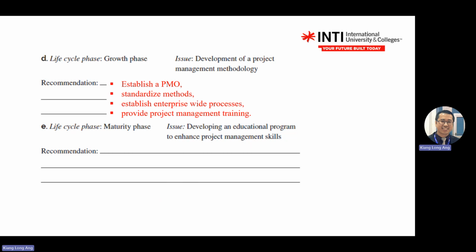This one also gives you the answer. Sometimes you are working alone, and because of that limitation you only have a certain way of thinking. So you establish a team. That team is called the project management office.